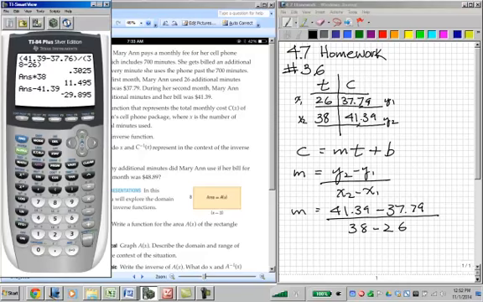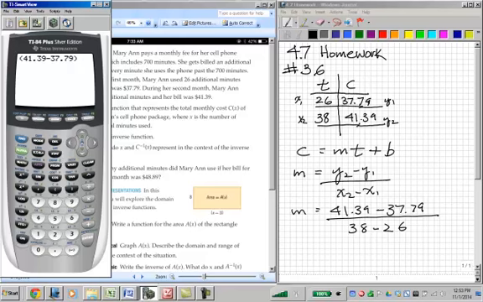Okay, now I'm going to get the calculator. Let me clear this. Okay, now the numerator, I can't do this like on a big fraction or something like that. So I'm going to do an open parenthesis to put the numerator all together. 41.39 minus 37.79, close parenthesis.